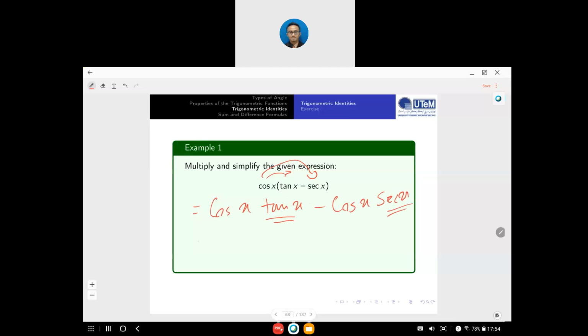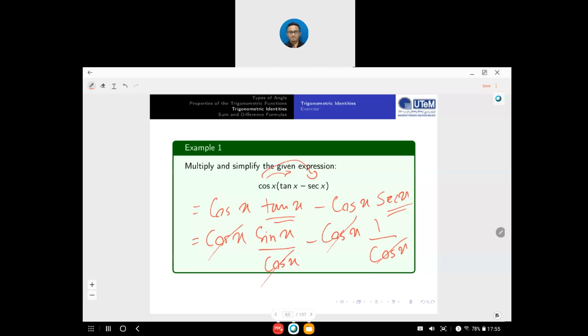So it becomes cos x times sine x over cos x minus cos x times secant. What is secant? Secant is 1 over cos x. So this one, cos you can simplify. So here also same thing, cos you can simplify.